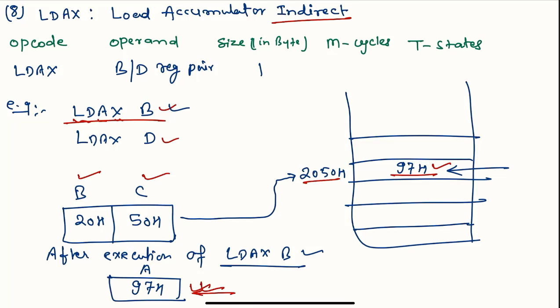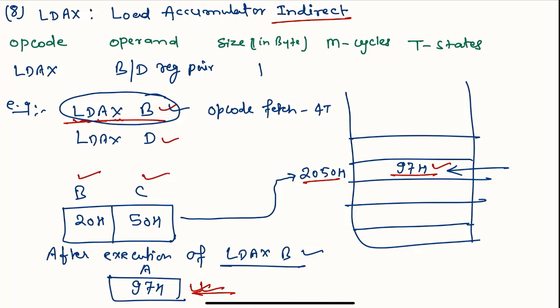Now the machine cycles. How many machine cycles are required to complete the execution of this instruction? First of all, by default, any instruction has an opcode fetch. So whatever code LDAX has, that code will be fetched first from the memory. That first operation is the opcode fetch, which requires 4 T states by default.